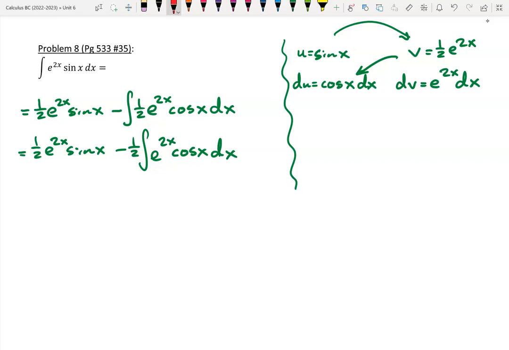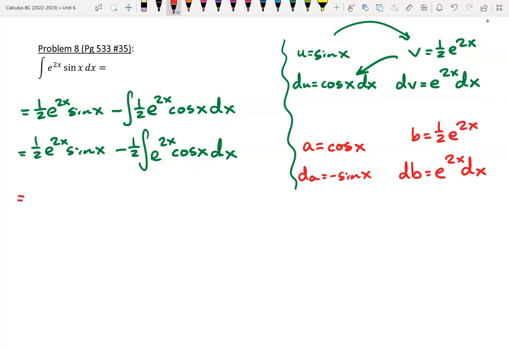So I'm going to use a and b. So a equal to cosine of x, db equal to e to the 2x dx. So da is negative sine of x, and b would be 1/2 e to the 2x.